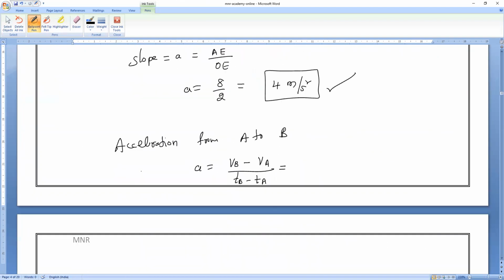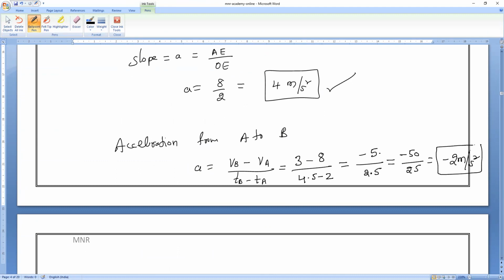Final velocity 3, initial velocity 8, final time 4.5, initial time 2. So 3 minus 8 is minus 5, and 4.5 minus 2 is 2.5. Multiplying by 10, it turns into minus 50 divided by 25, which is minus 2 meter per second square, because it is deceleration.